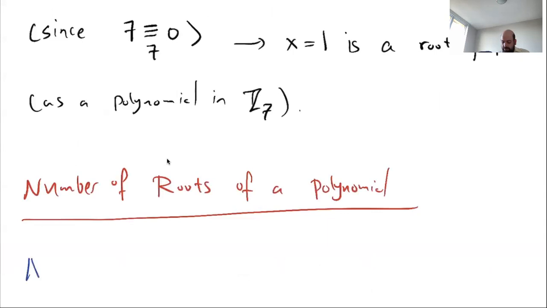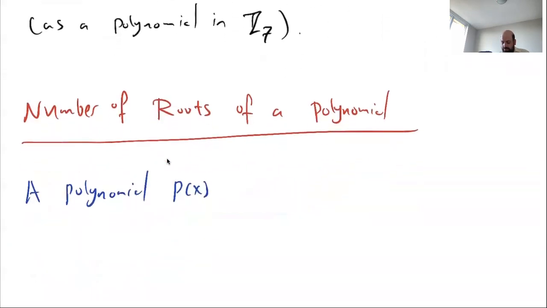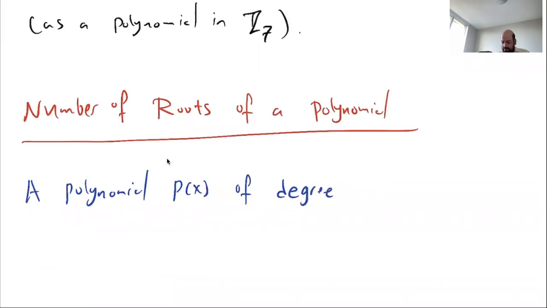A polynomial P of x of degree n has, so this is basically a theorem, so we call it a theorem, at most n real roots.